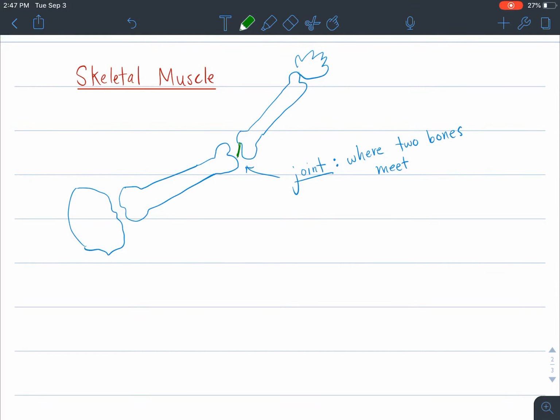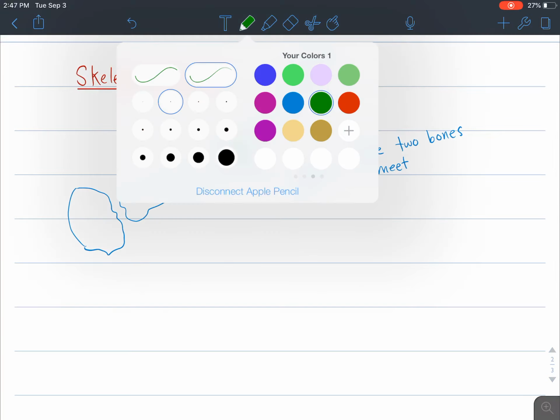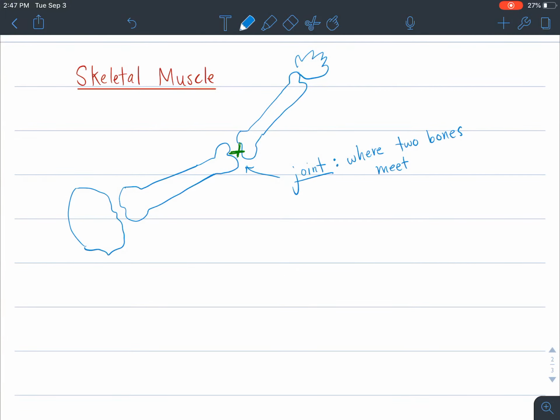We have a ligament here that attaches those two bones together. A ligament is a tissue that connects two bones together. So wherever we have bones meeting with other bones, we have ligaments that help attach the bones together.